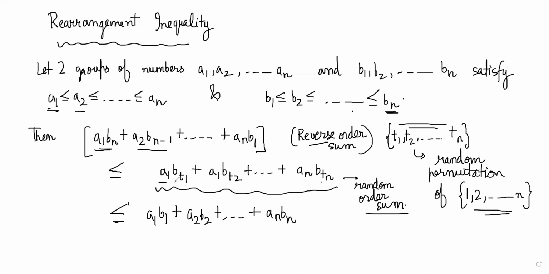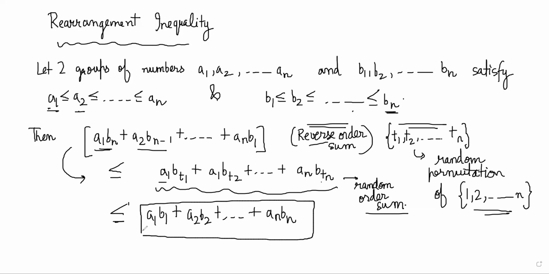We don't know the order, but it's a random order sum. We are taking pairs from the two different sequences as before, but this time we don't care about the order. So the first inequality here says that the reverse order sum is less than or equal to a random order sum. And finally, the biggest possible sum that you can create here is the same order sum.